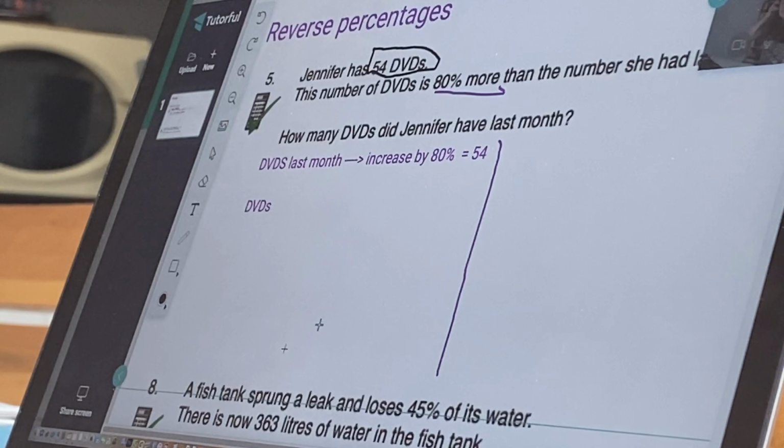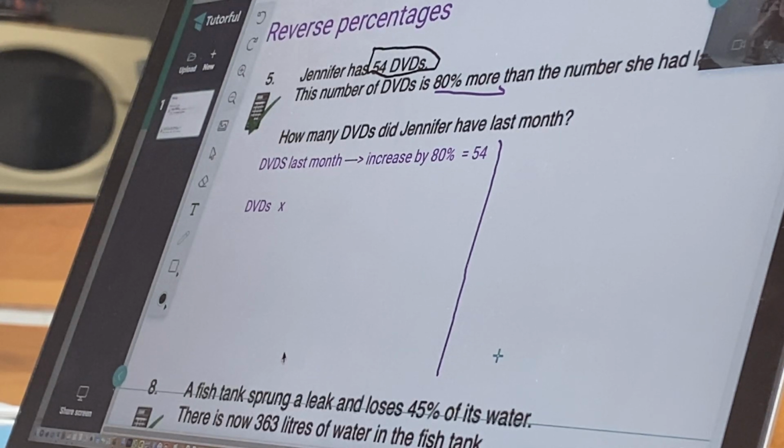If I wanted to times the number of DVDs by a number that would represent an 80% increase, what number would I times it by? 80? Not quite. It's a decimal.